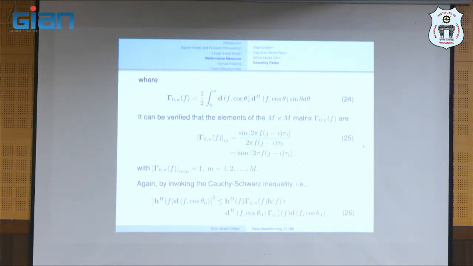Actually, it can be proved. You can get the mathematical expression, which is a nice proof, if you like to go over that and prove it for yourself. By the way, this is for spherical diffuse noise.